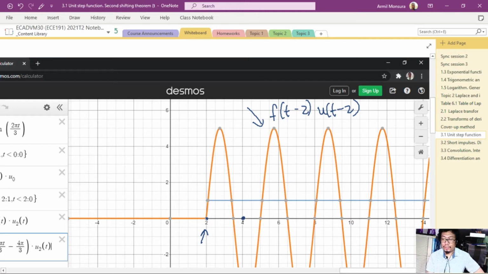A window function essentially samples your signal, or takes in your signal, within a certain interval.